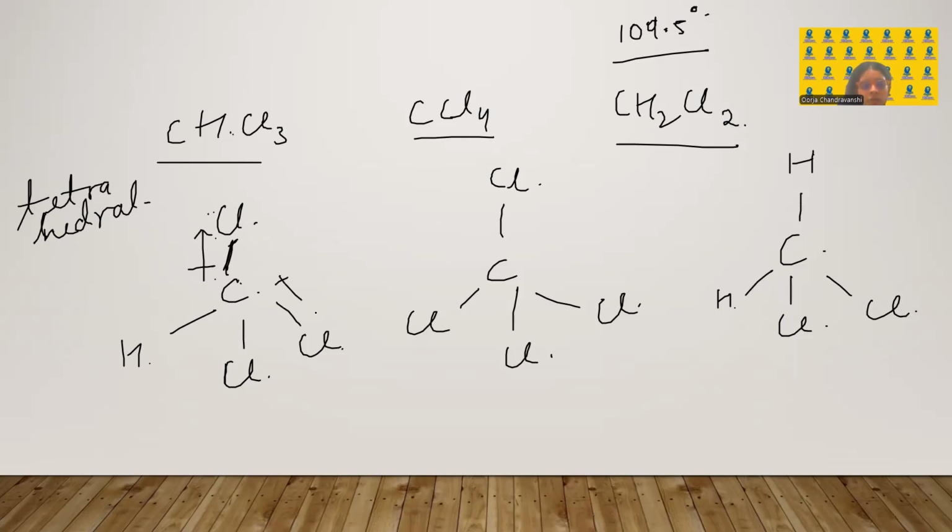Here, the arrow will point here. And among carbon and hydrogen, the arrow will point towards carbon. Here we'll have it towards chlorine in all of these cases. And like this for CH2Cl2.